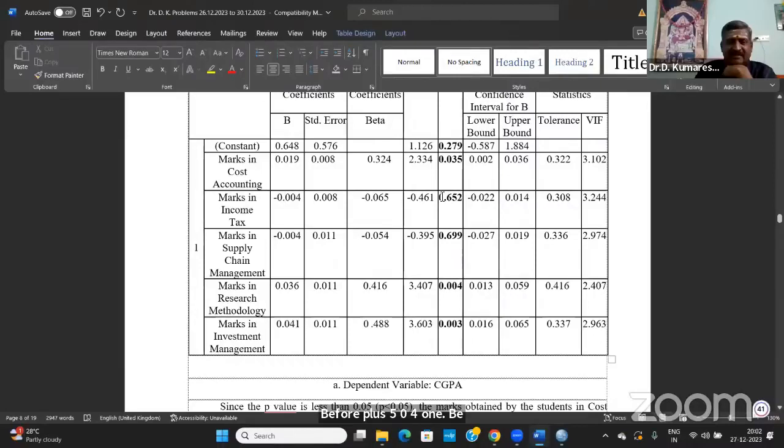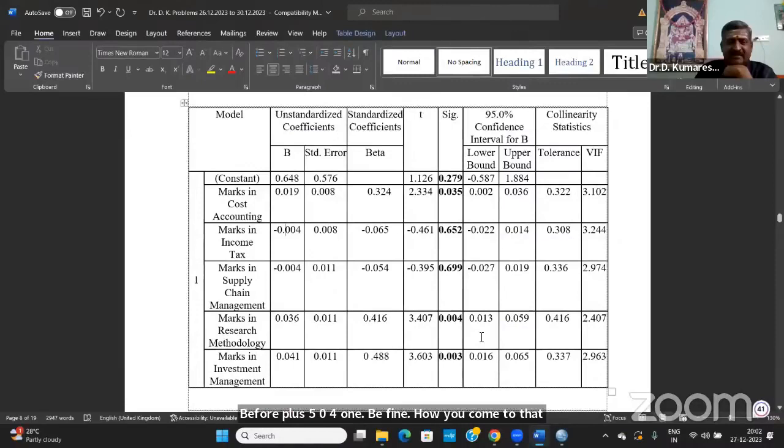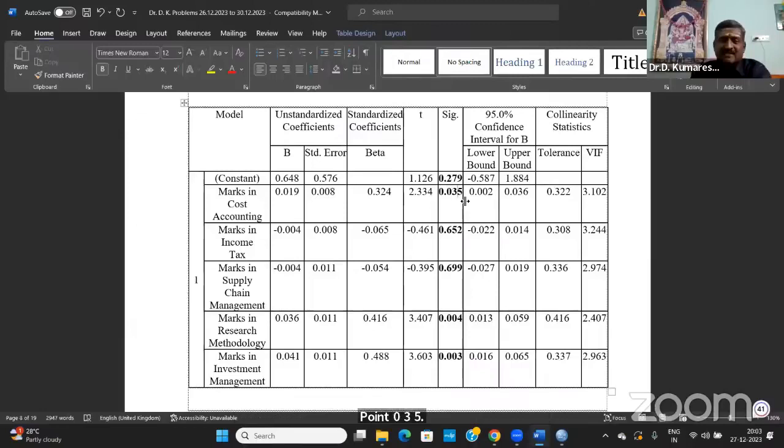Now you come to the P value or significant value. First one, significant at 5%, because P value is 0.035. It is less than 0.05. If it is less than 0.05, we say that it is significant at 5%.